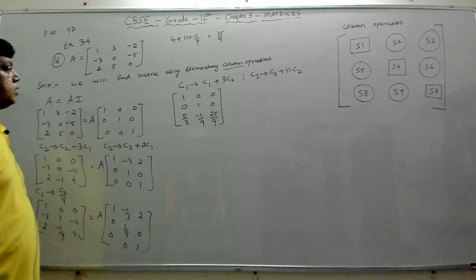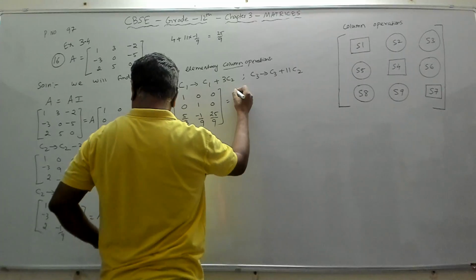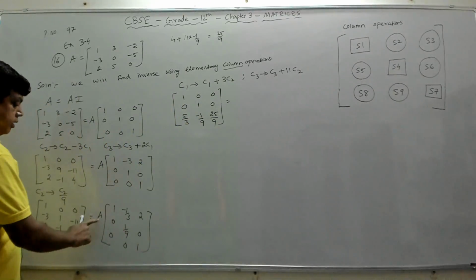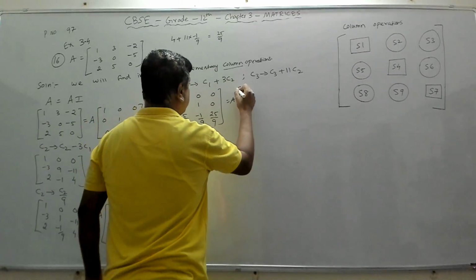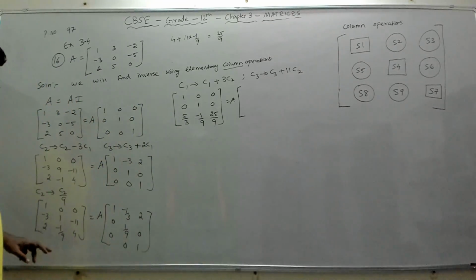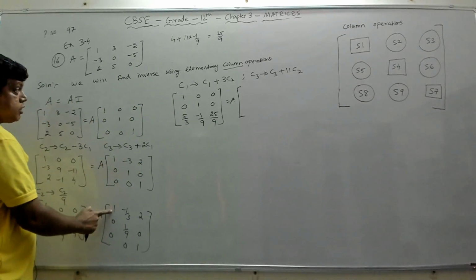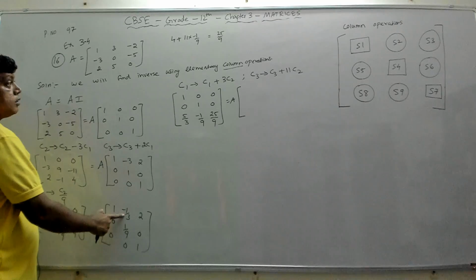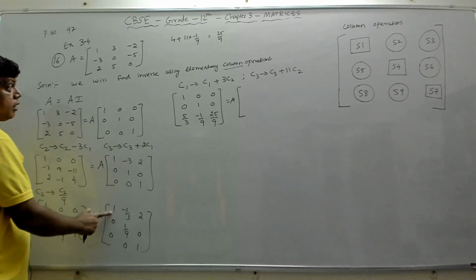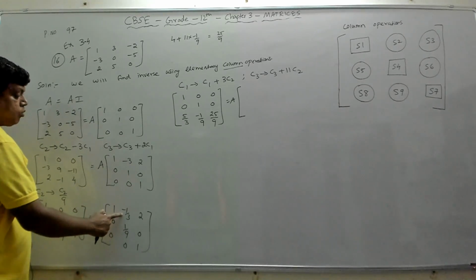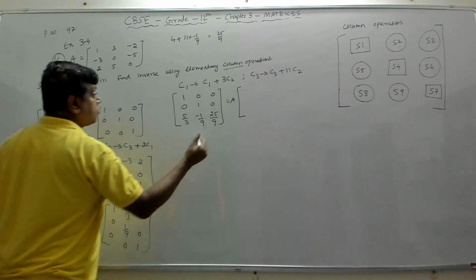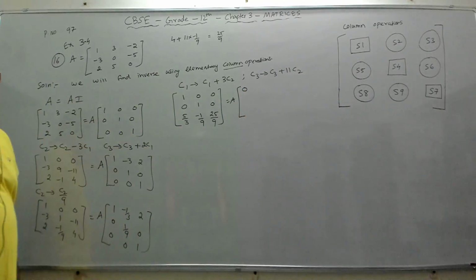Clear? So that is equal to, now A we should write as it is, this A, I'll write it here as it is, A into C1. We have to change the C1. So C1 equals C1 plus 3 times C2. So 1 plus 3 times minus 1 by 3 will make this 0. Right?